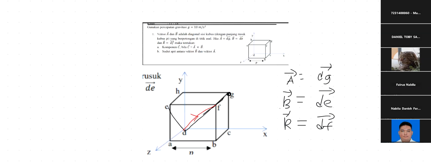Now let's take a look at the G point, the XYZ. The XYZ for G, assuming this is P, this is P, and this is P, would be P, P, 0.